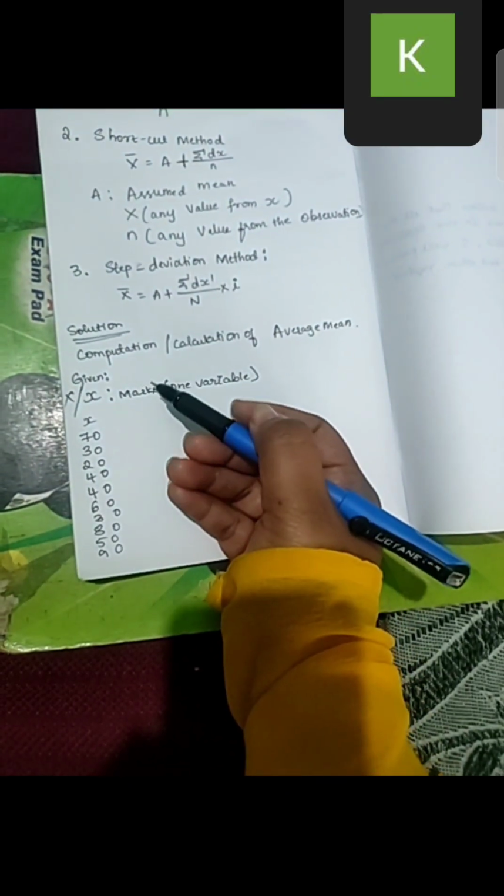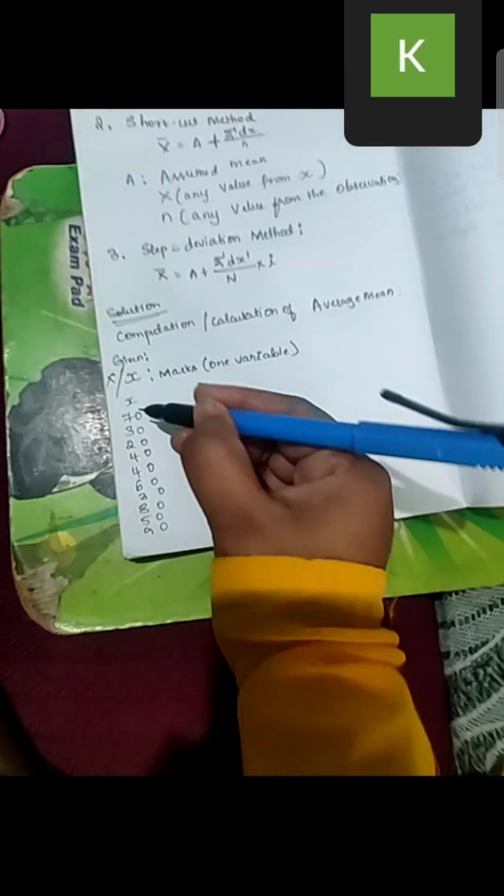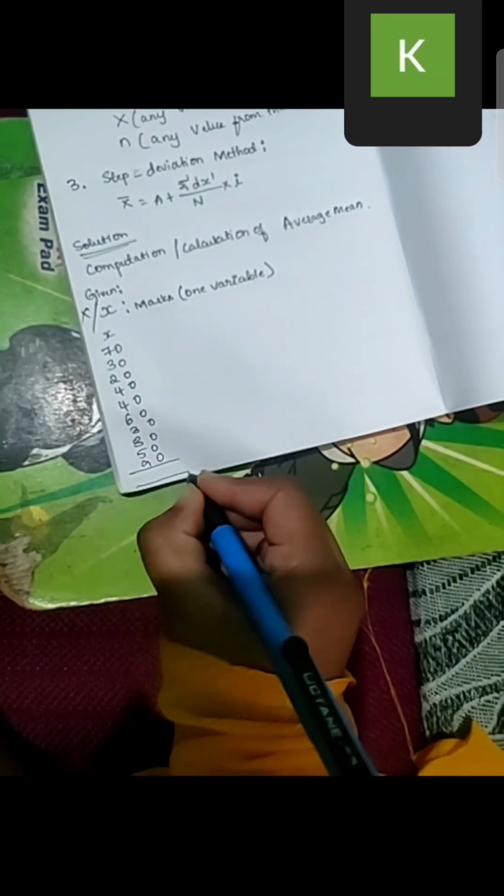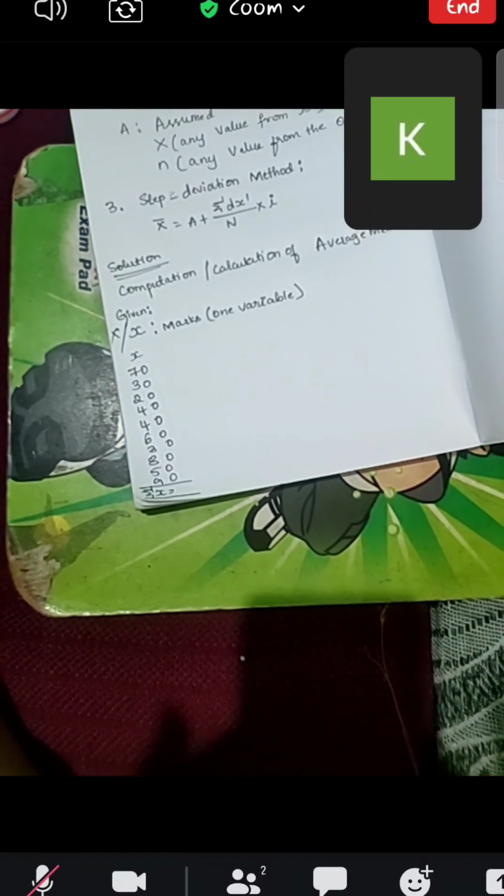To solve by direct method, I just need summation of x. Now open your calculator, just add all these values. It is 510.